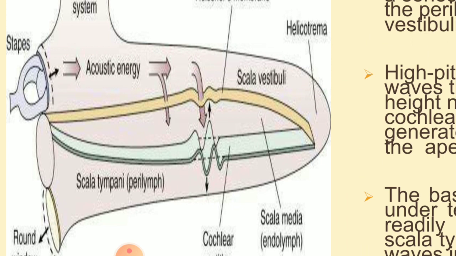But scala media is a closed tube situated in between these two, and scala media contains a distinct type of fluid which is different from the fluid in scala vestibuli and scala tympani. Scala vestibuli and scala tympani contain a fluid called perilymph. Perilymph contains sodium and potassium similar to the extent that is present in extracellular fluid.